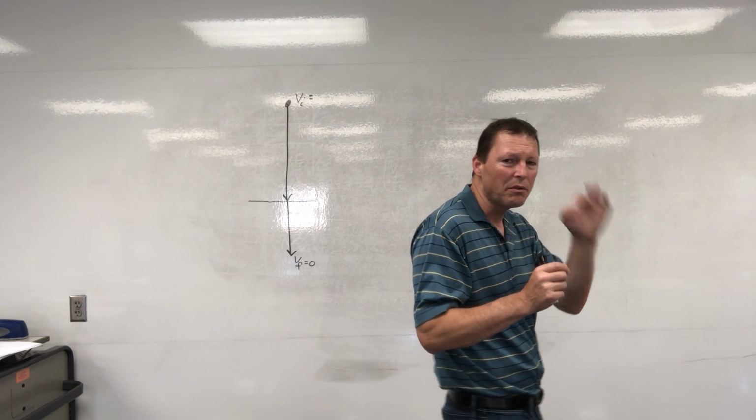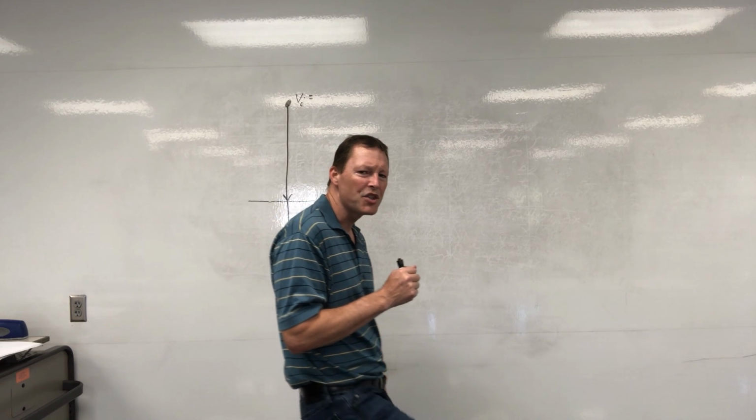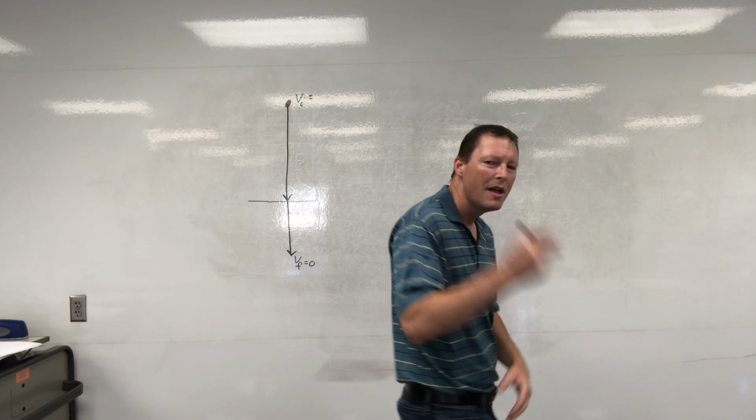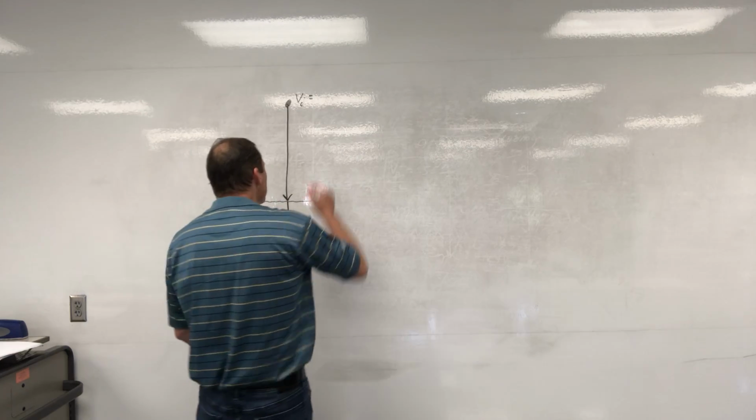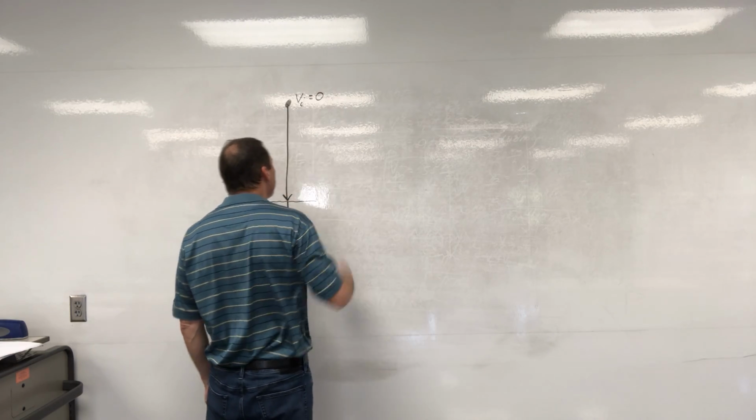At that instant, after the student takes a step off the diving board, that's where our problem is going to begin. So when that happens, the student's initial vertical velocity is going to be 0.